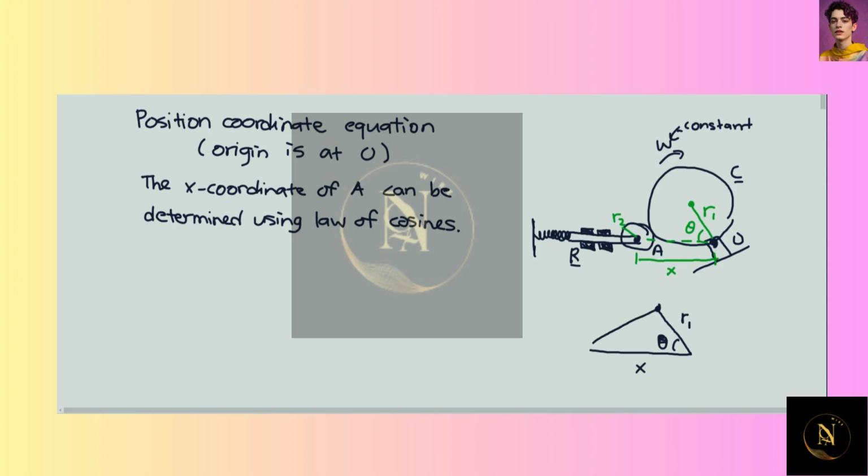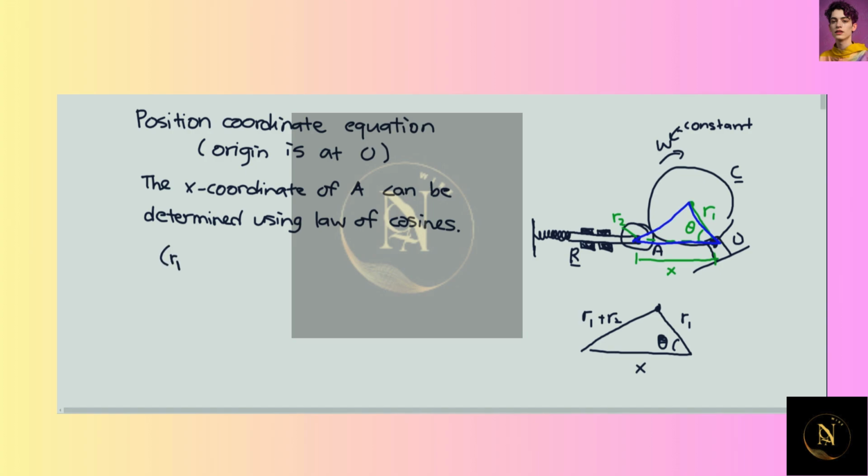Over here this is R1 plus R2. The triangle that we are looking at is this blue triangle, drawn over here. So x can be obtained using the law of cosines.